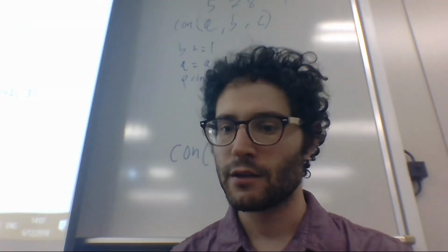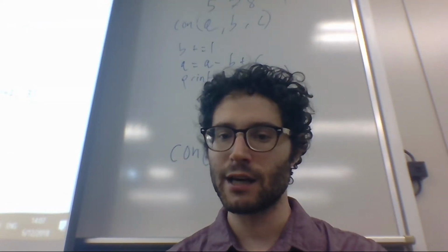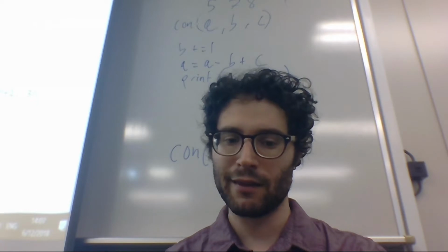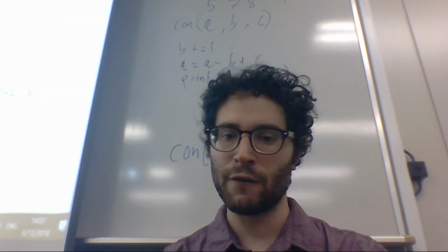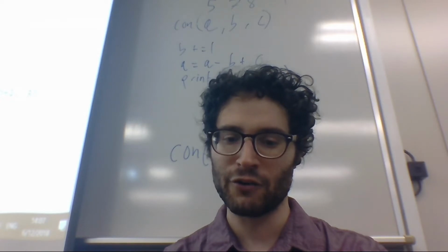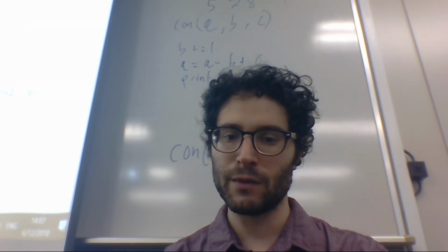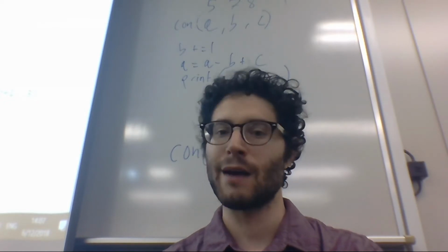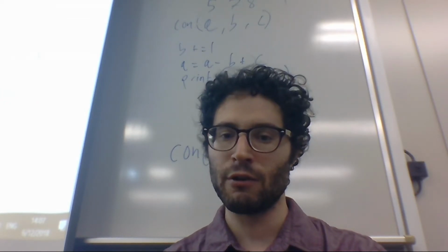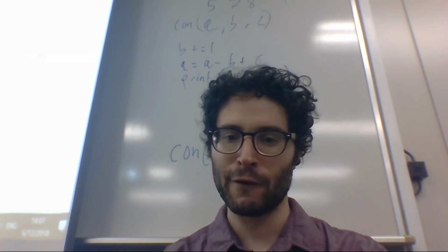Okay? Just like in math, where we define a function, if your math teacher says you've got a function f of x is equal to 2x, and then they ask you, okay, what is f of 5?